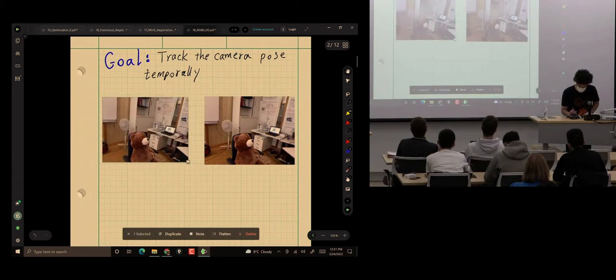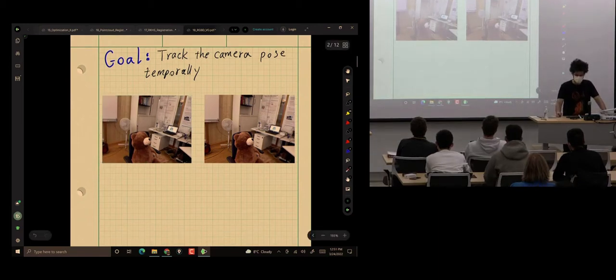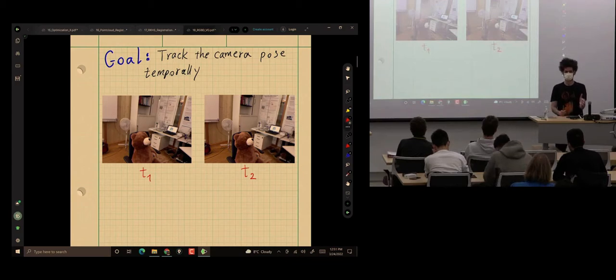Keeping them roughly the same size. All right, so what we have, we're going to focus on T1 and T2. At time step 1, I have one image, and it's understood that it has depth image as well. We know we have that. And at time step 2, I have another image.